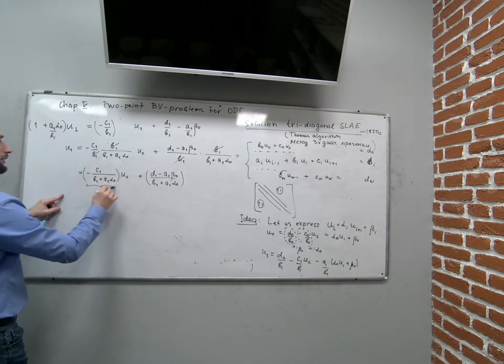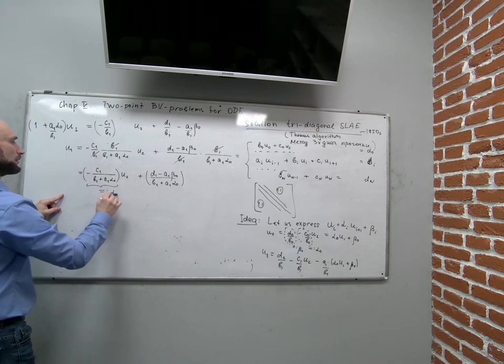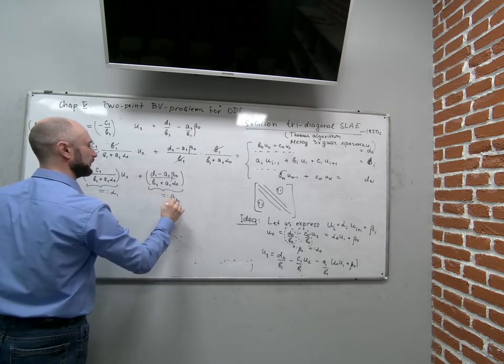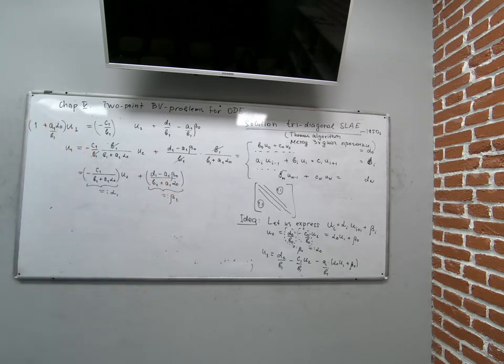So we denote this by alpha 1 and this by beta 1. Again, we expressed the first unknown through the second unknown.